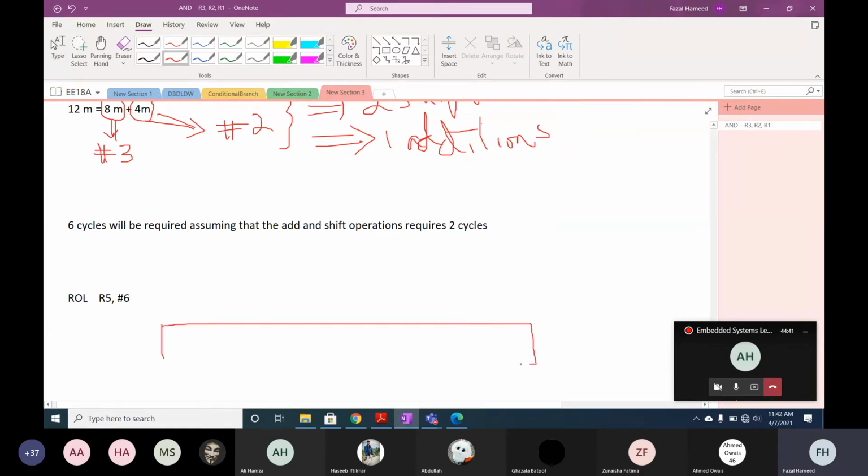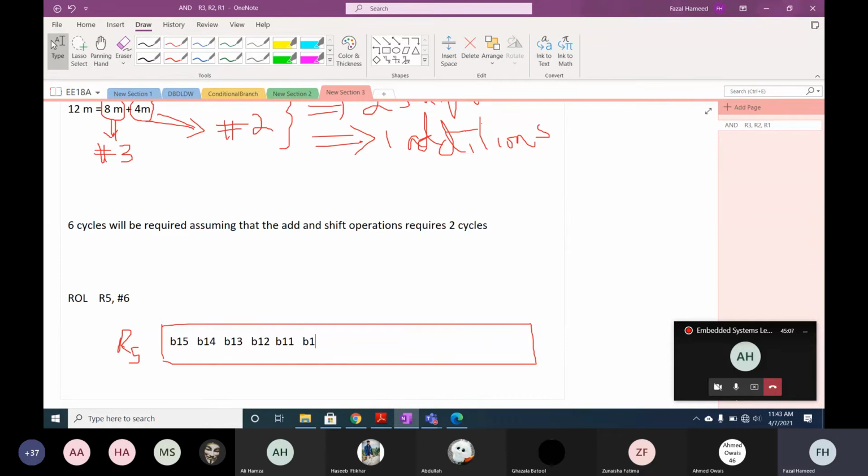Let's assume the contents of R5 are P15, P14, P13, P12, P11, P10, P9, up to P3, P2, P1, and P0.